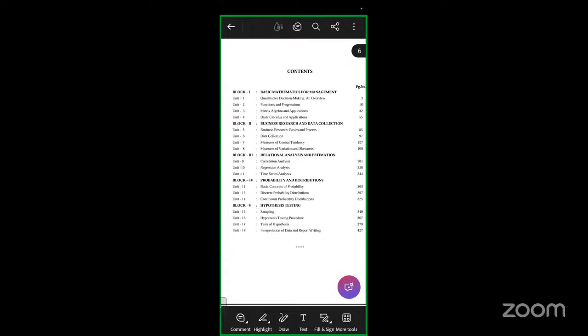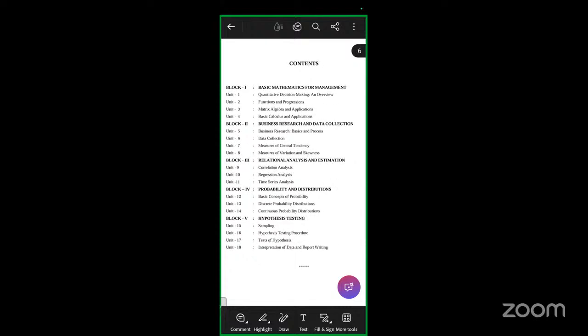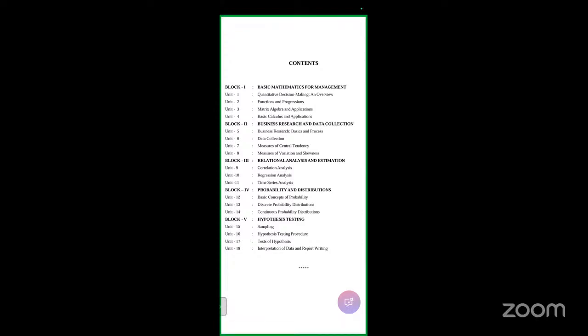The first block consists of four units: quantitative decision making and overview, functions and progressions, matrix algebra and applications, and basic calculations and applications.